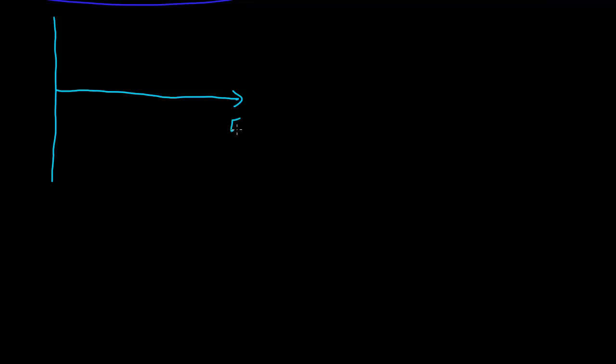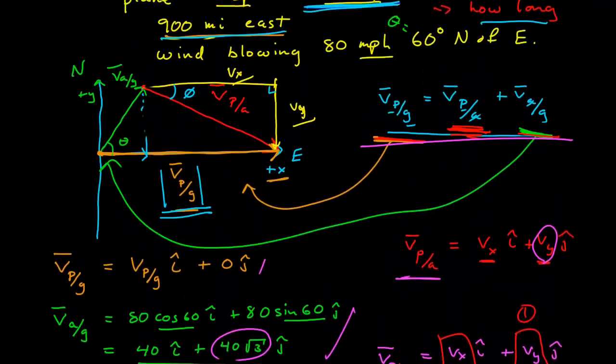Okay, so this is straight east, and we had this triangle of velocity vectors. We knew that our velocity of the plane relative to the ground was straight east. Let's keep our colors separate. What did I use? Green and red.